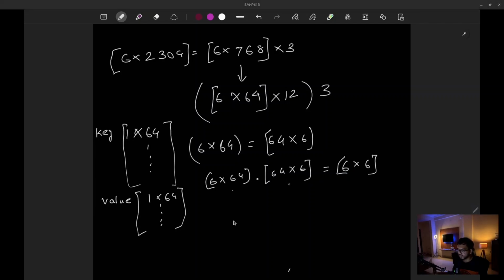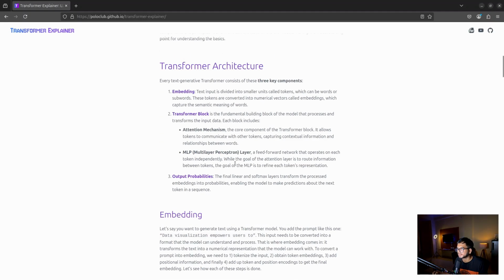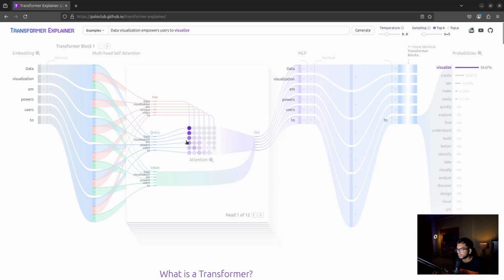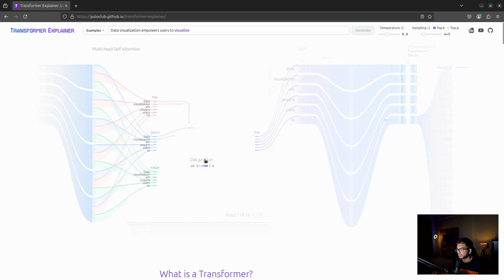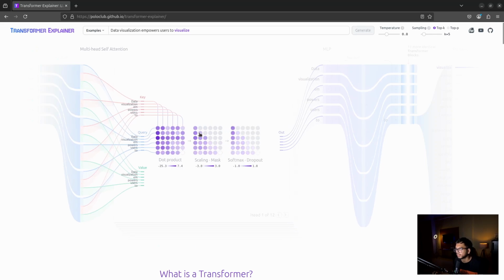So in this diagram also, if you see, it has 6 values. If you click on this part, it will show what functions are going on in the attention layer. So first it does a dot product.